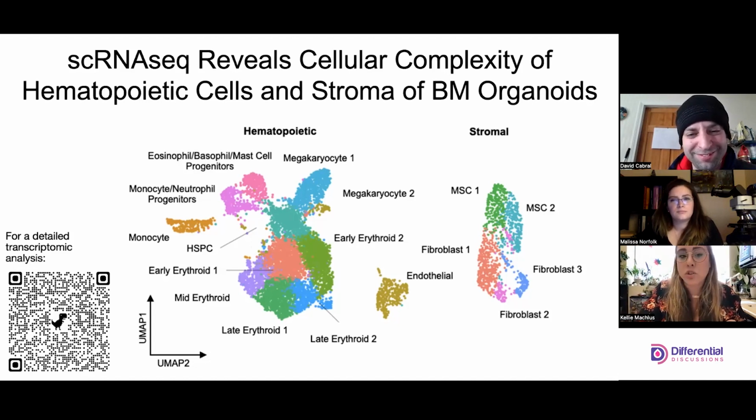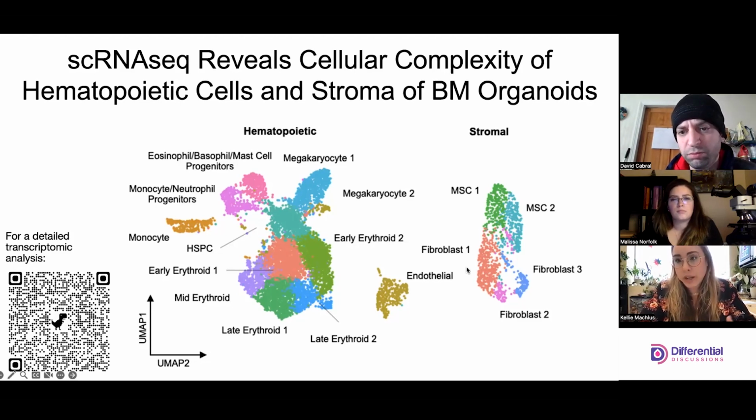People usually do this for normal bone marrow, and then you say, okay, what kind of cells are these? So we wanted to see if our organoid would look like normal bone marrow, which is a high ask. And basically it did, but we didn't want to overextend our findings. So instead we called these monocyte neutrophil progenitors, megakaryocyte 1 and megakaryocyte 2, MSC1, MSC2.